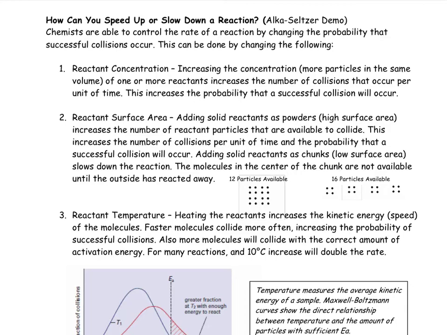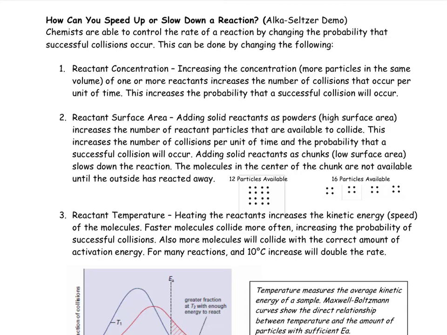The second thing you can do is play with the surface area of your reactants. Adding solid reactants as powder, so grinding them up, increasing the surface area, increases the number of reactant particles that are available to collide.